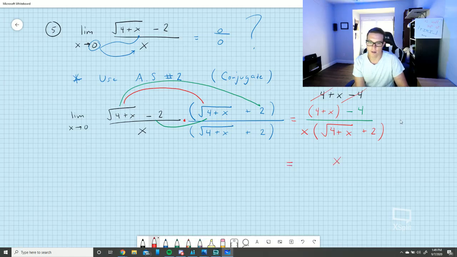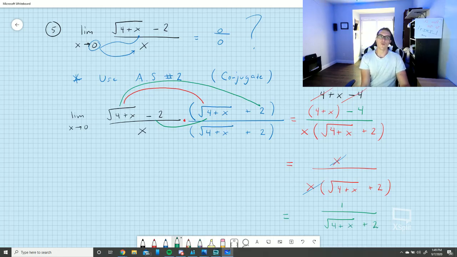All we have left up top is an x. So in this case, the x and the x cancel, and you are left with 1 over square root of 4 plus x plus 2.